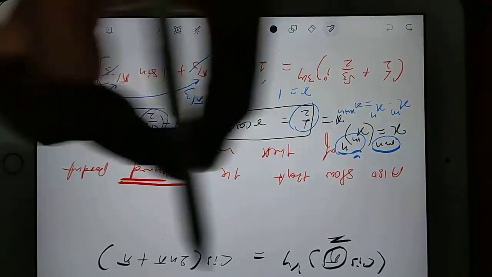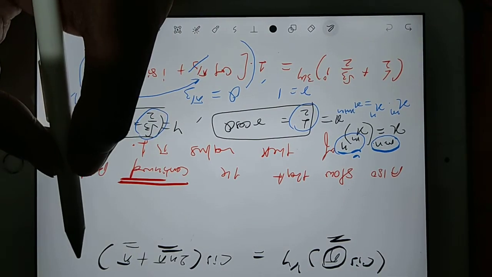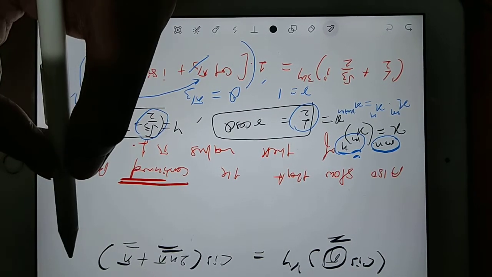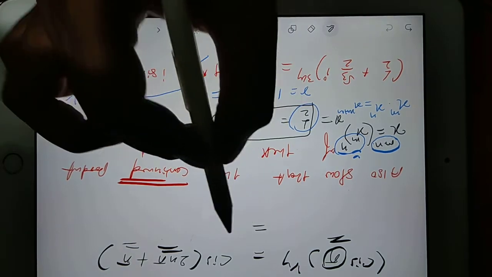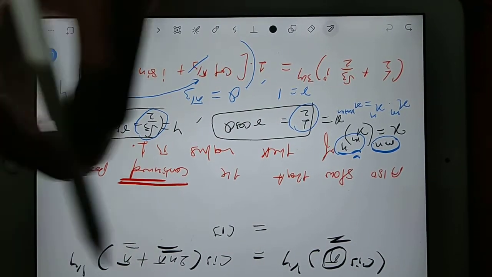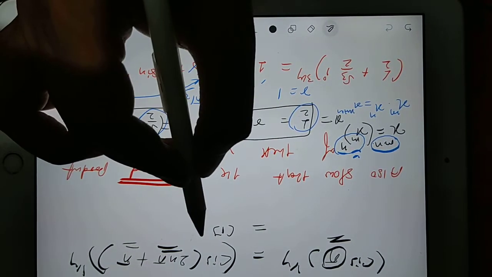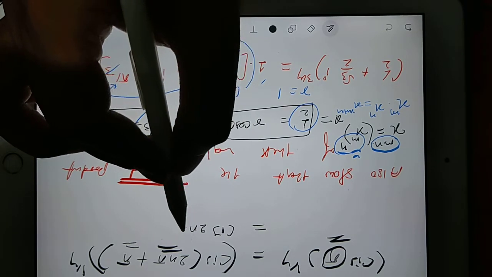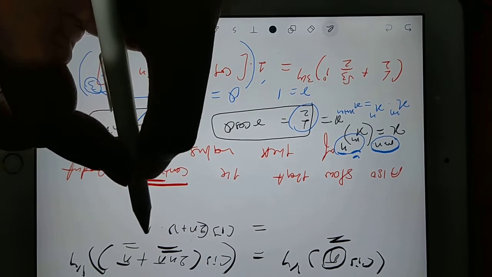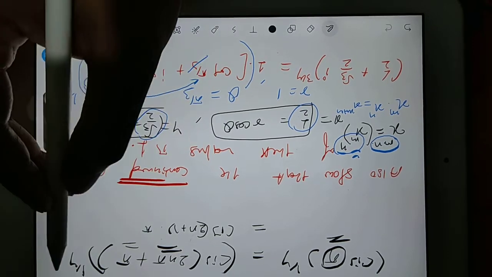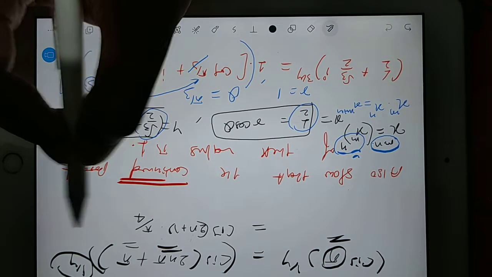Now pi I can take common. So it is going to be cis, whole power 1 by 4. You take 2n plus 1 in one bracket and pi in another bracket and apply De Moivre's theorem, so it will be divided by 4.